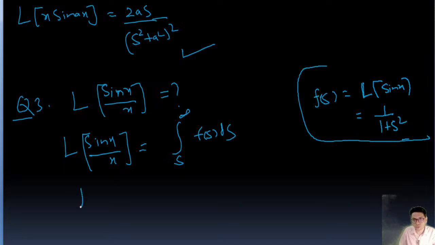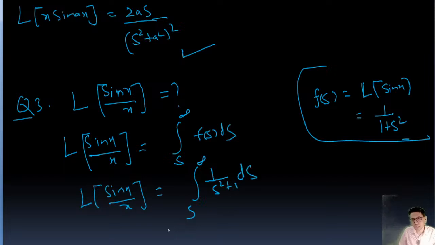So this is going to be Laplace transform of sin x upon x equal to integration s to infinity 1 upon s square plus 1 ds. Okay, now this formula we know directly, right? Integration 1 upon x square plus 1 dx is tan inverse x, right?